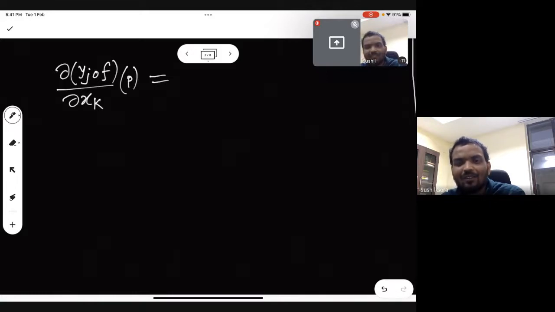X is a coordinate system there in the manifold, right? What is its definition?